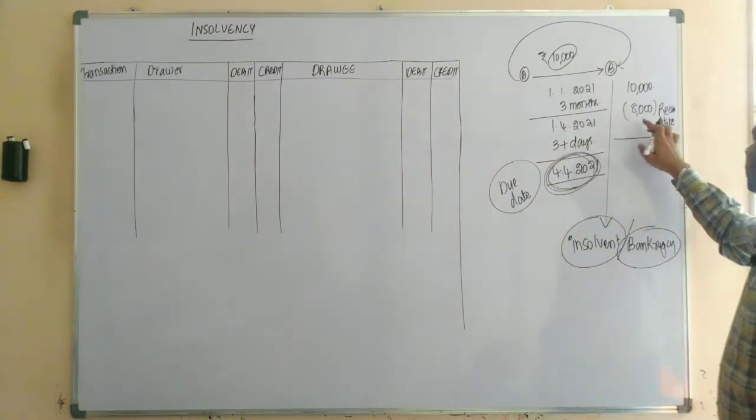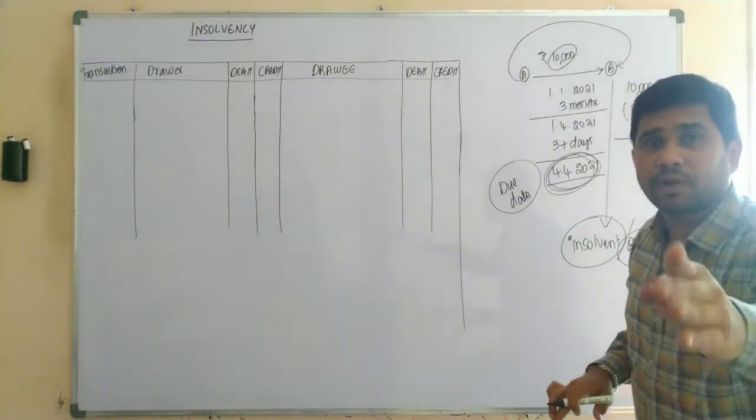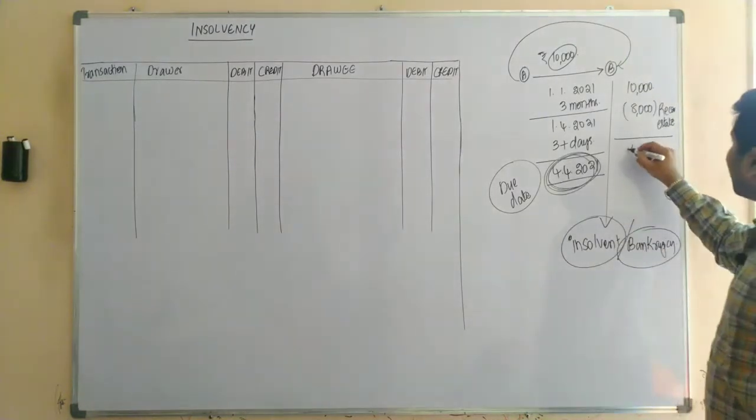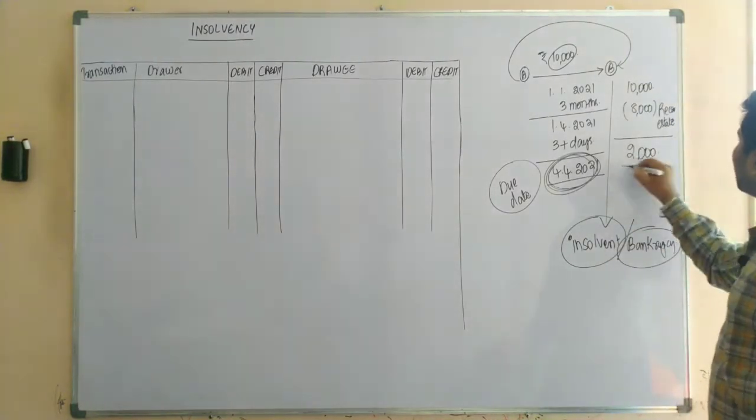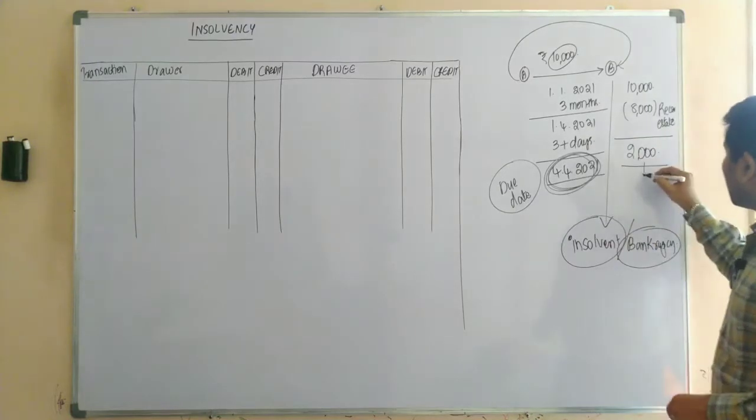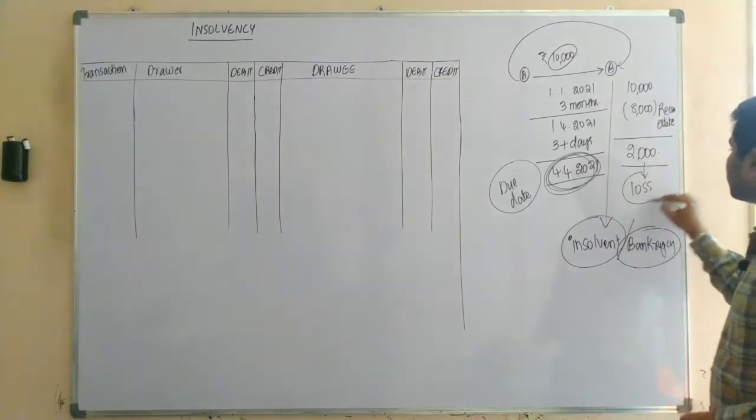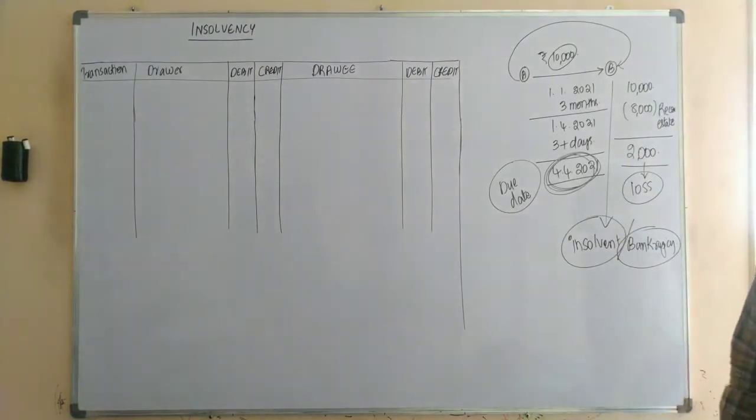As we are able to receive only 8,000 rupees from his personal property, the remaining 2,000 is nothing but our loss. Yes or no? So this 2,000 is nothing but our loss.